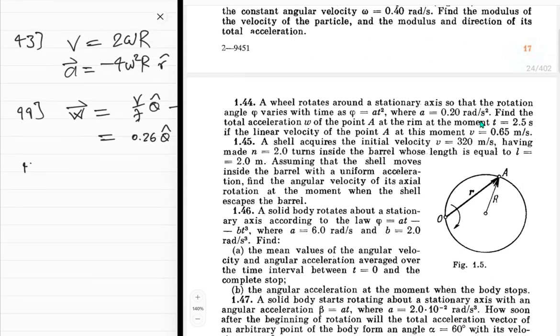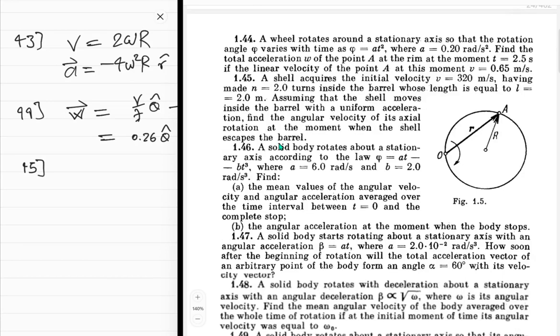Okay, let's go to 45th. Okay, acquires velocity 320 having made n equal to 2 turns inside the barrel whose length is equal to 2 meter. Wait, what? Barrel?